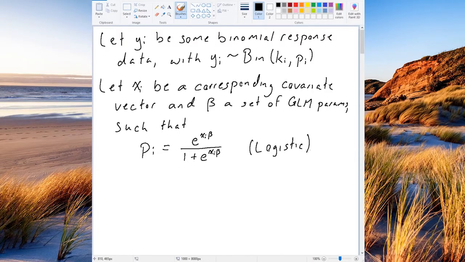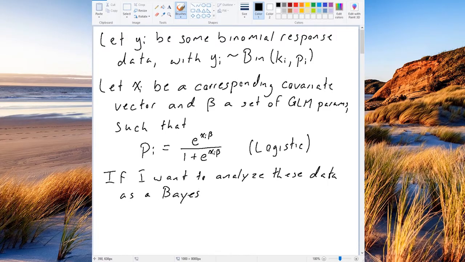Okay, so if I'm going to be a Bayesian, then I'm going to need to identify a few key pieces for me to use here.